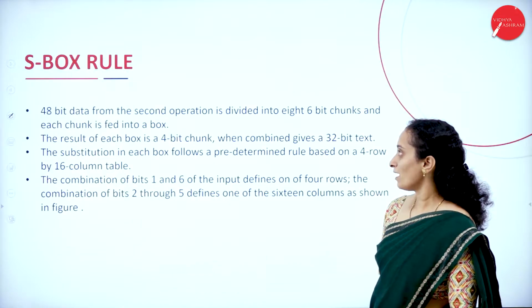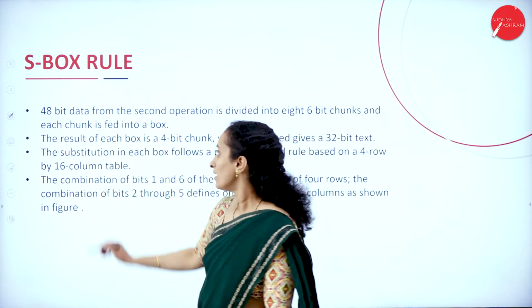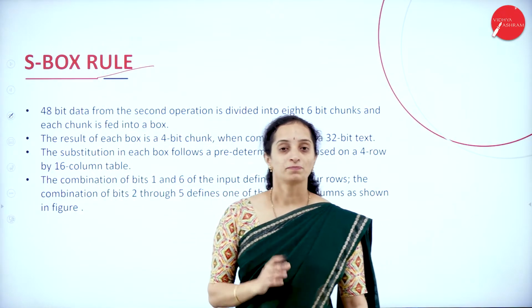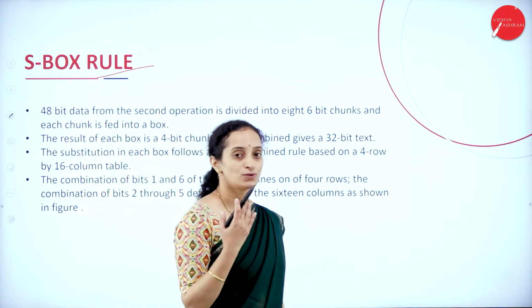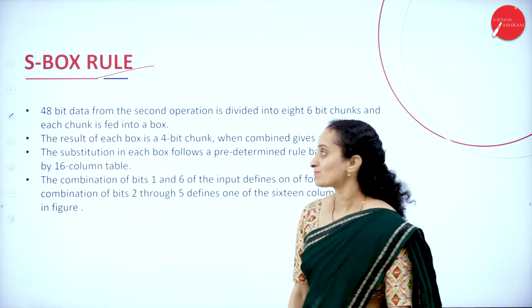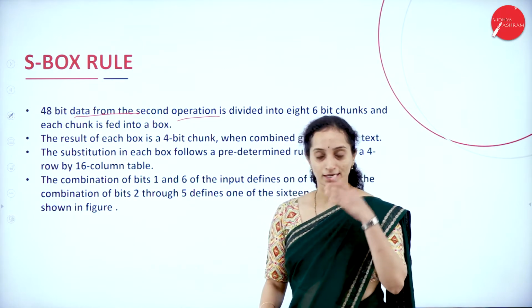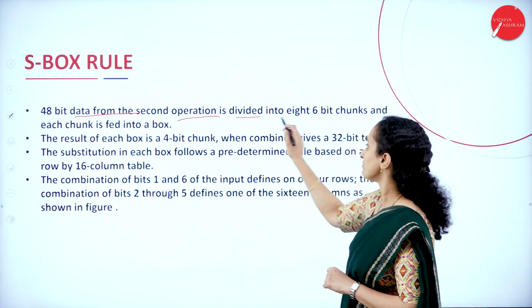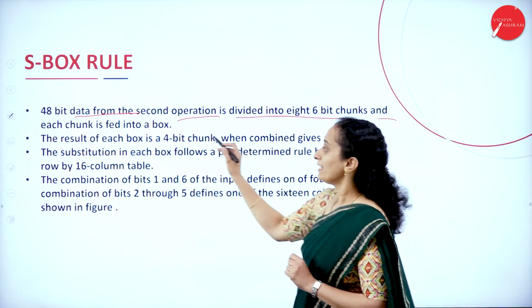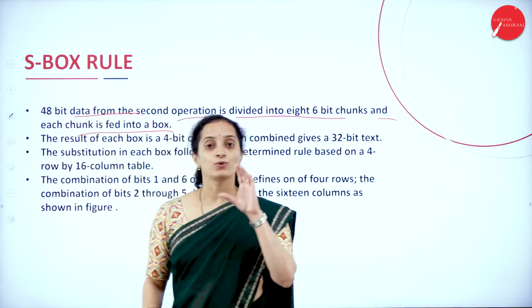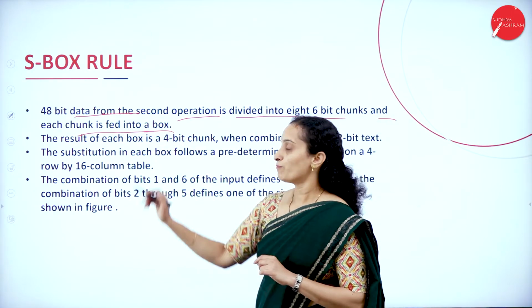Alright. Now, let's check how the S box is going to work. In this, we'll go about the S box rule. How the S box is going to reduce the number of bits. First thing is, 48-bit data from the second operation, that is from the expansion, is divided into 8 6-bit chunks, and each chunk is fed into a box which is called the S box.